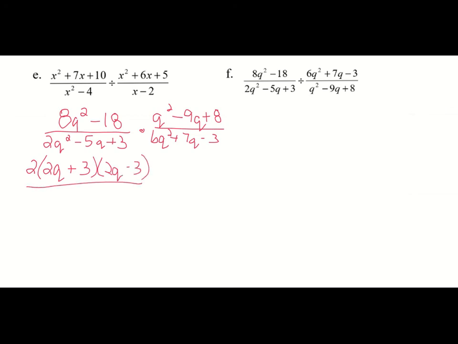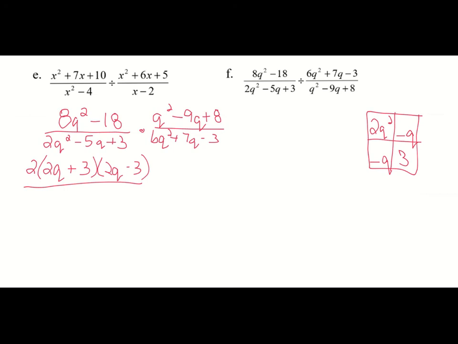On the bottom, we have 2q squared minus 5q plus 3. It's going to be a hard trinomial, so let's box it. I don't see a GCF, so 2q squared, 3. We'll have q with a number and q with a number. 2 times 3 is 6. We need a -5. And we're going to do 2 negatives because it's a positive and a negative.